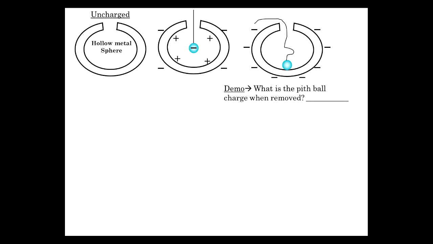And all of the charge has now zipped out to the outer edge of the hollow metal sphere. So any Gaussian surface we would draw is not going to enclose any charge. In other words, you don't have any permanent charge on the inside surface.